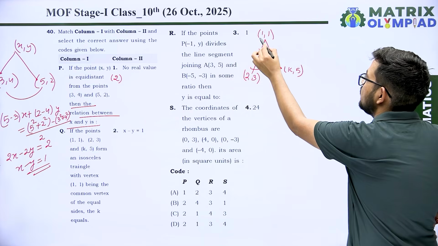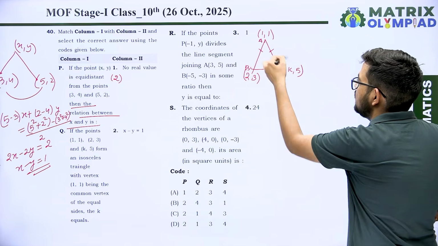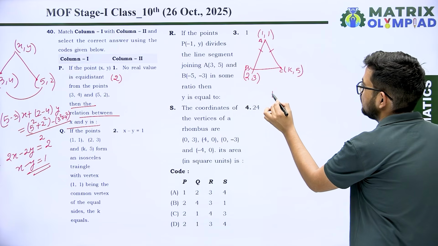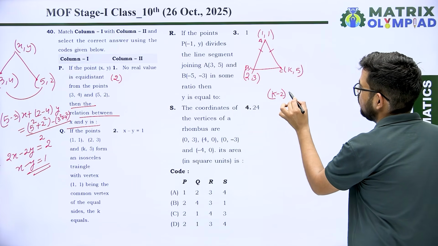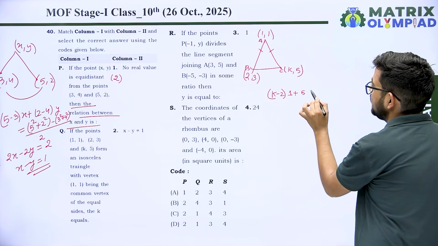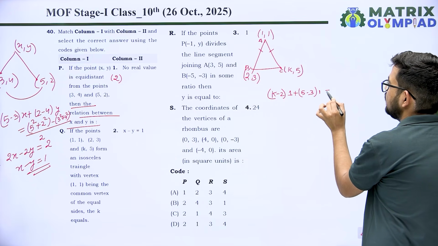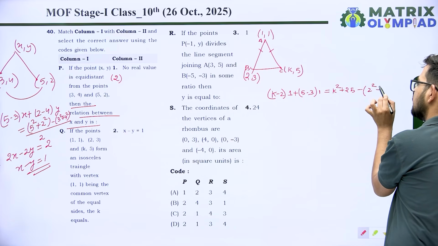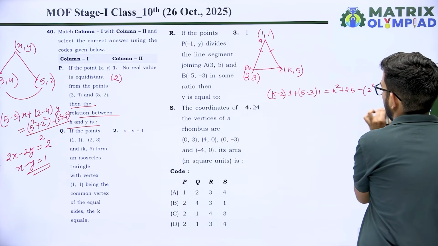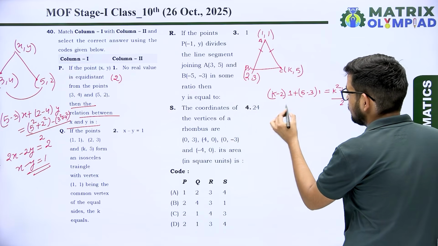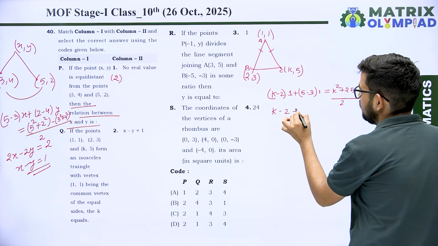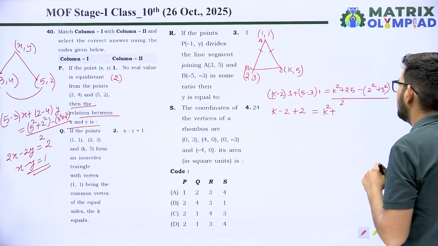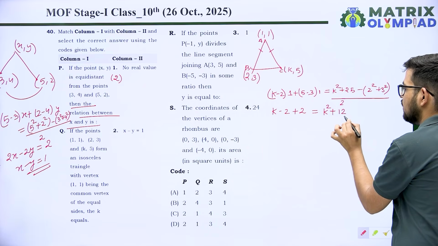If AB equals AC, then the relationship between their vertices will be (k − 2)(1) + (5 − 3)(1) = (k² + 25 − 2² − 3²)/2. So that will be k − 2 + 2 = (k² + 25 − 13)/2, that is 12/2.